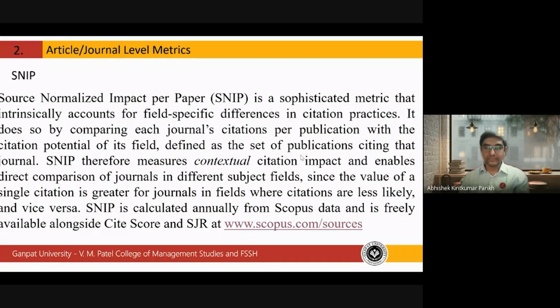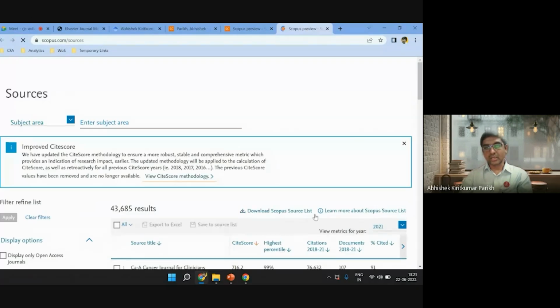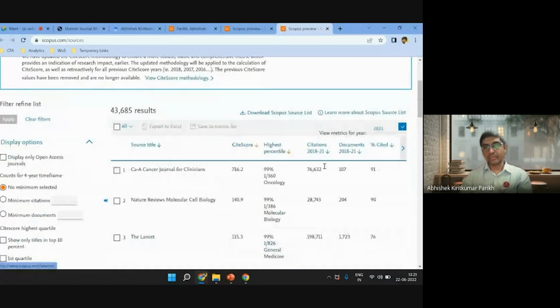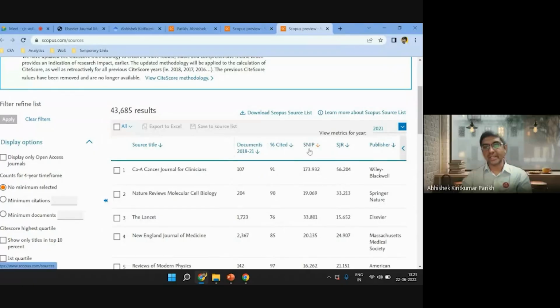Are we clear? So that is also freely available and calculated annually from Scopus, right? If you are clicking on this, here are the journal site score, percentile, citation of document, publisher, SJR, SNIP. Can you see? All the details of a particular journal are given here.